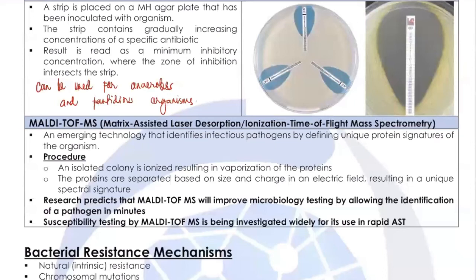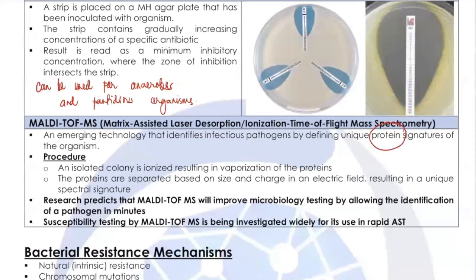So this is an emerging technology that identifies infectious pathogens by defining unique protein signatures of the organism. Guys, take note protein. Okay, lumabas yan sa exam ko. Ano daw yung dinidetect ng MALDI-TOF? MALDI-TOF is proteomics. So protein yung dinidetect natin dito.